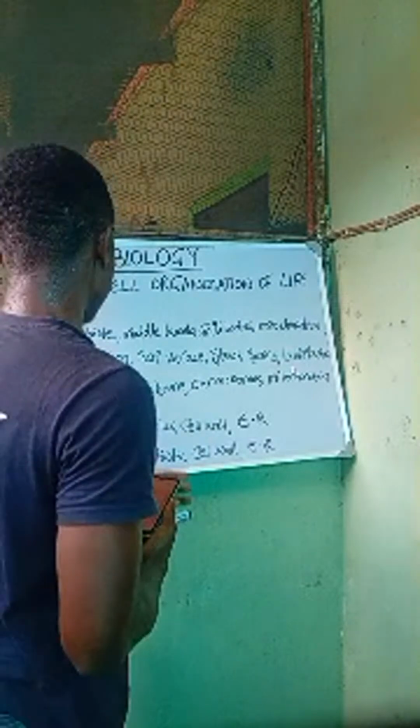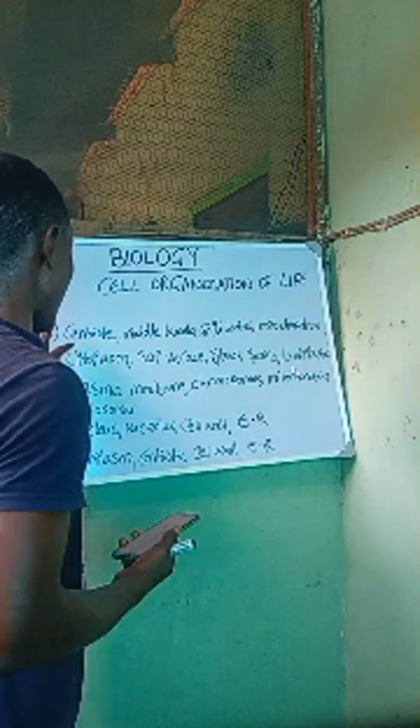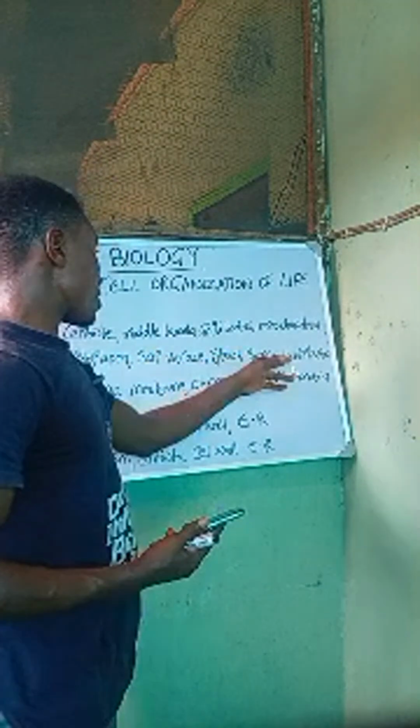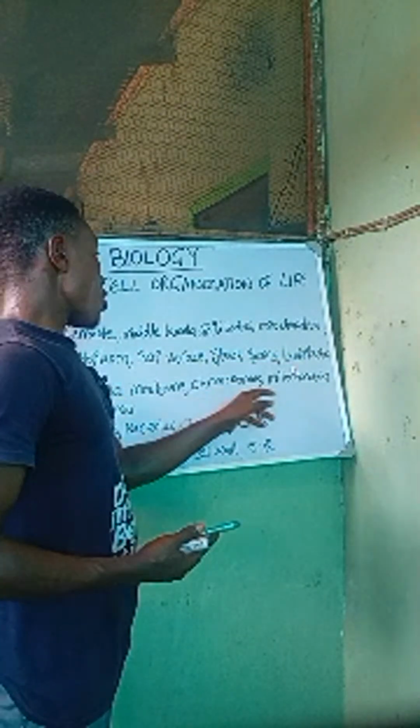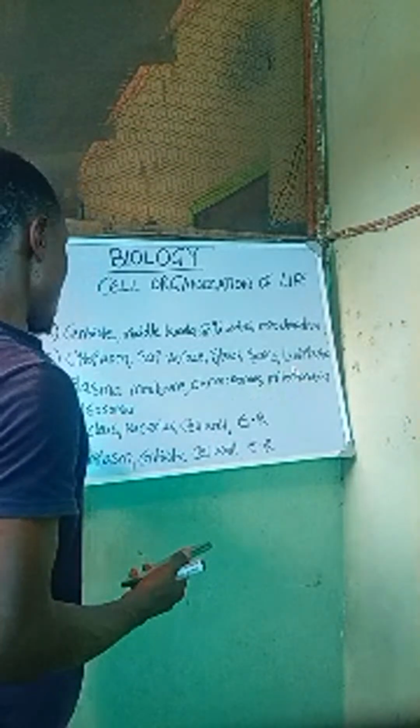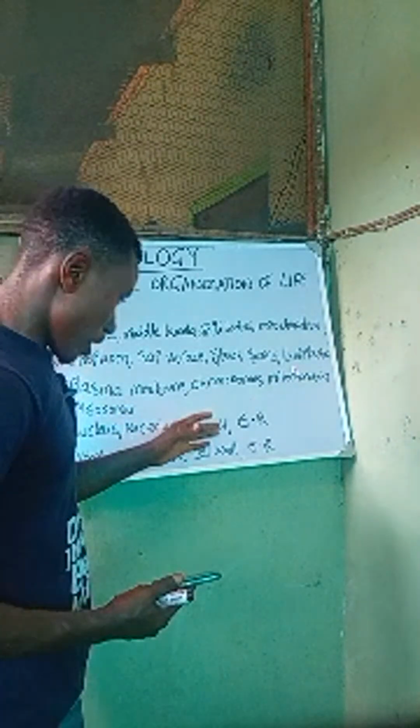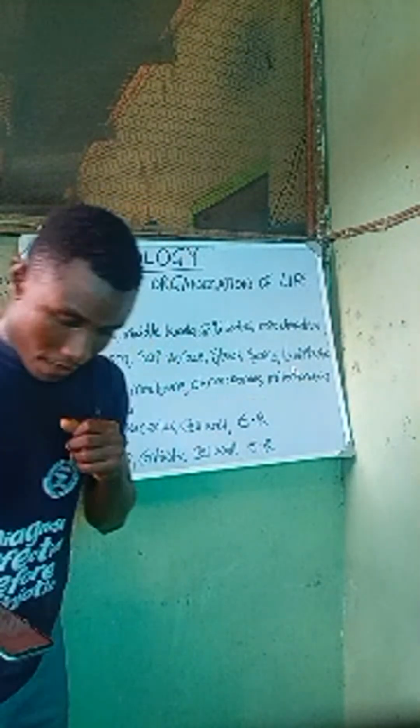A: centriole, middle lamella, Golgi bodies, mitochondria. B: cytoplasm, subvacuole, starch grains, leucoplast. C: the plasma membrane, chromosomes, mitochondria, and lysosome. D: nucleus, cell wall, and endoplasmic reticulum. And E also has the same.